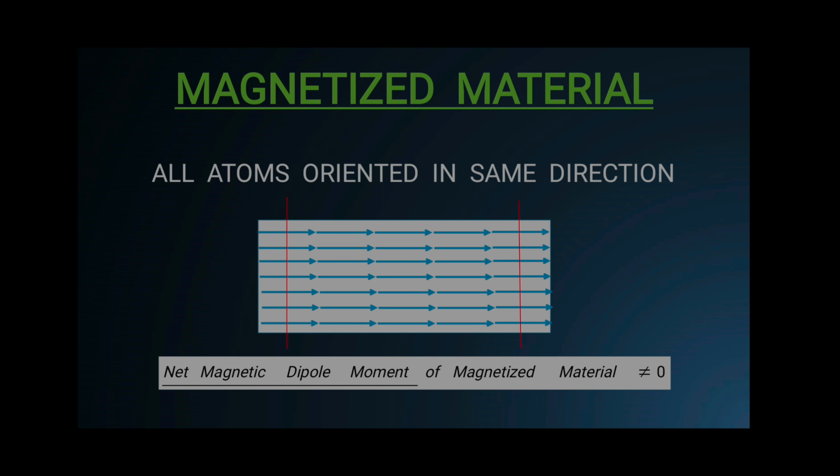So this diagram shows that between these two red lines, magnetic moments of all the atoms cancel each other and we are left with north ends of all the atoms collected to the right hand side of the red line and south ends collected on the left hand side of the other red line. As a result, we can say the net magnetic dipole moment of the magnetized material is not equal to zero.